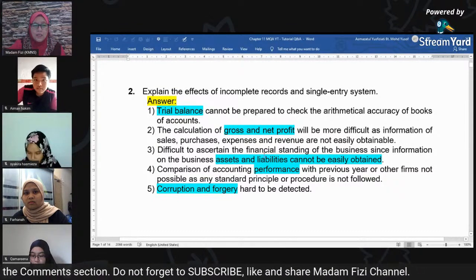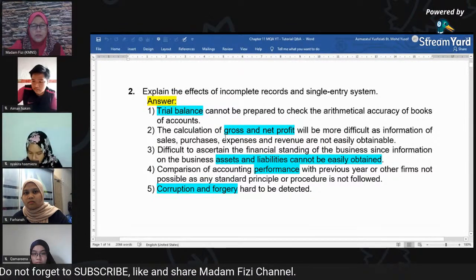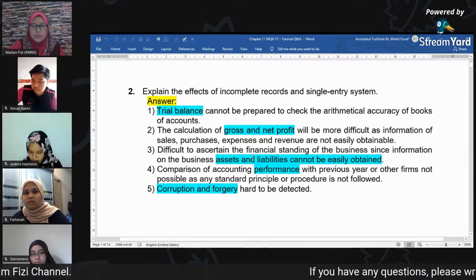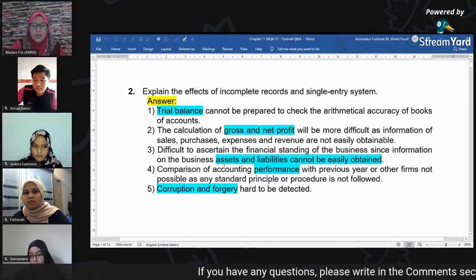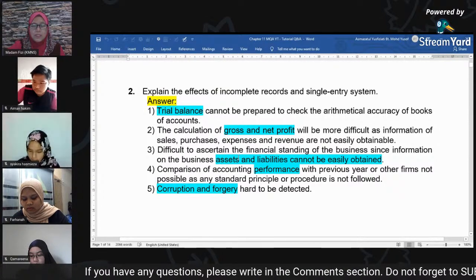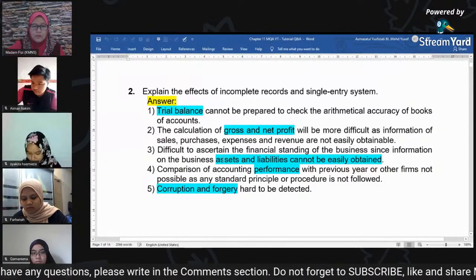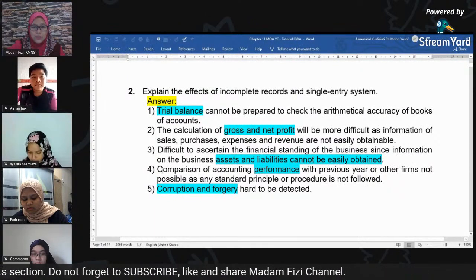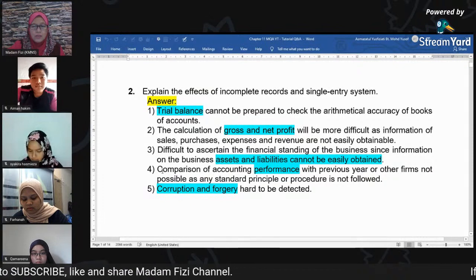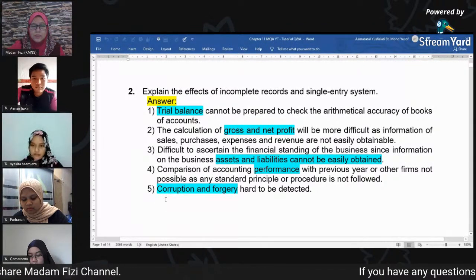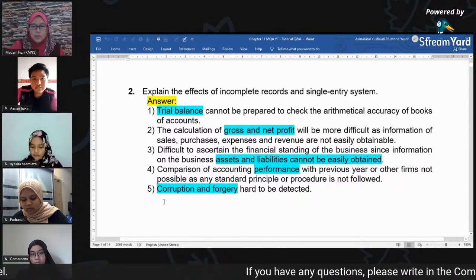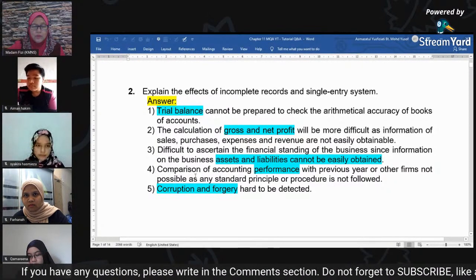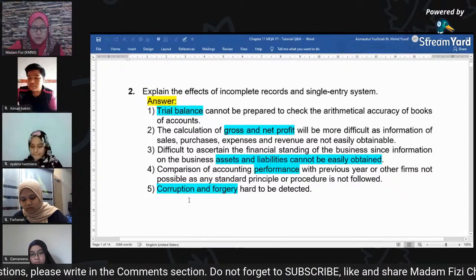Thirdly, difficult to ascertain the financial standing of the business since information on the business assets and liability cannot be easily obtained. Fourth, comparison of accounting performance with previous year or other firms is not possible as any standard principle or procedure is not followed. So point number 4 is about the accounting performance.